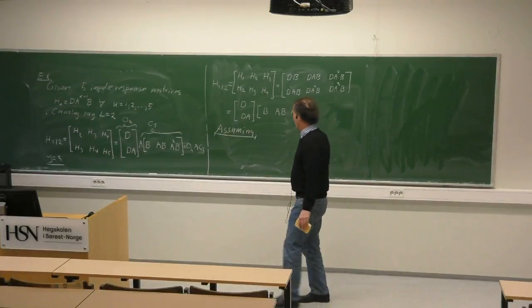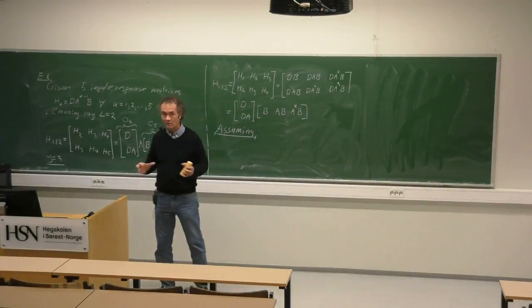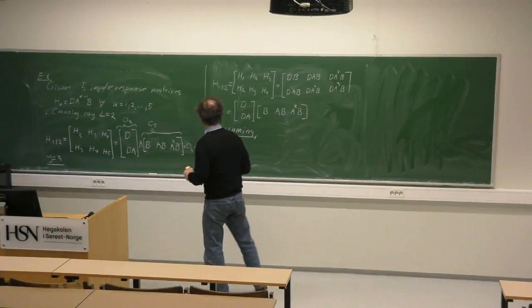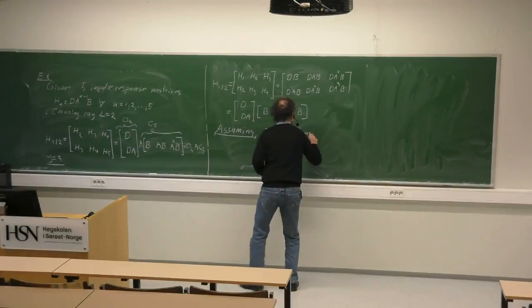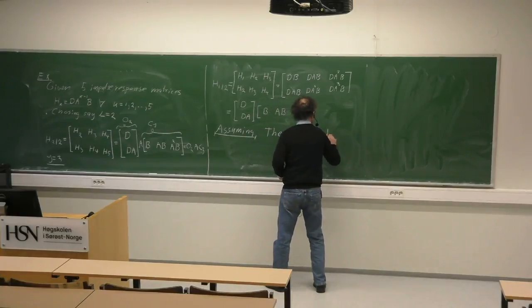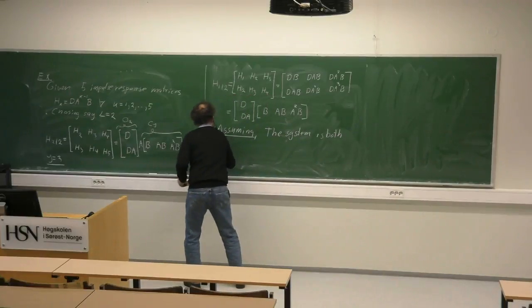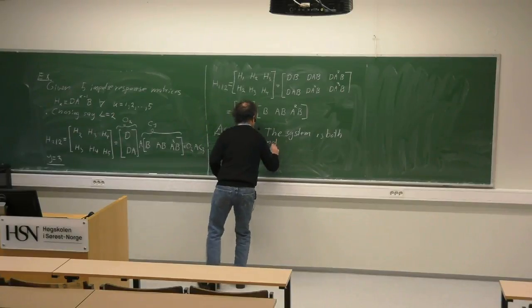So usually we have to assume that at least a part, maybe a small part of the system, is both controllable and observable. So assuming the system is both controllable and observable.